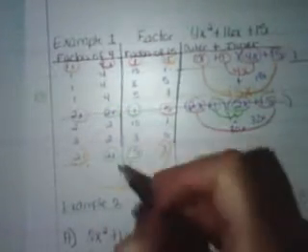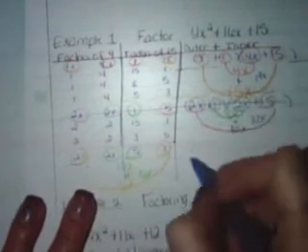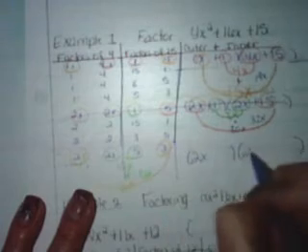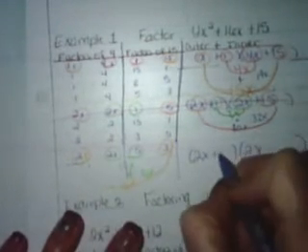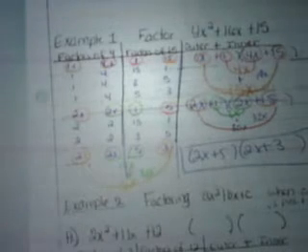If I add these together, I'm going to get 16x, which is what I'm looking for. So the correct factorization is going to be 2x plus 5 times 2x plus 3. It's not really that hard, it's just a matter of checking. Plugging in, checking, plugging in, and checking.